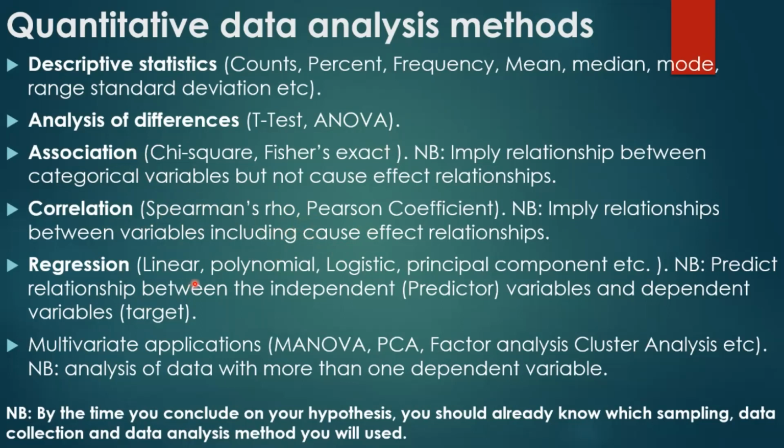For regression, you can have multiple regression, whereby you have two or more independent variables. For ANOVA, it's only two-way ANOVA. Then you have multivariate when you have multiple factors. You can have multiple factors of one variable, or you can apply this multivariate analysis.